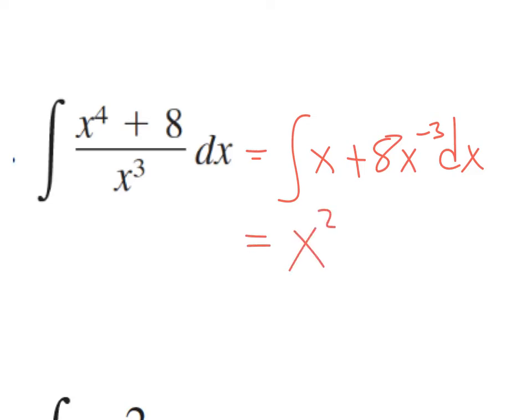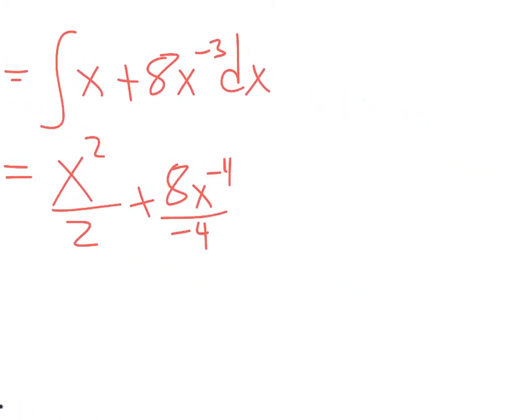This is x squared over 2 plus 8x to the negative 4 over negative 4. Let's clean that up a little bit. Maybe we like this as 1/2 x squared. It's a little nicer that way. And minus 2 over x to the 4th, plus our constant.